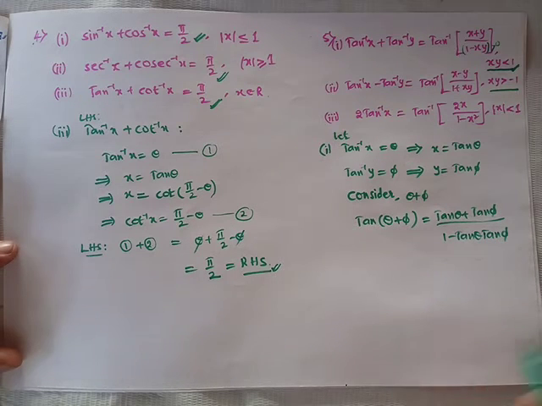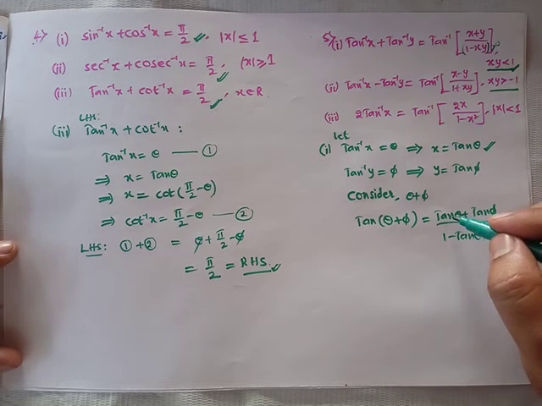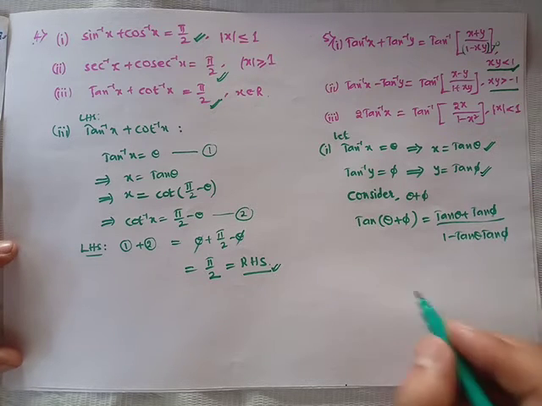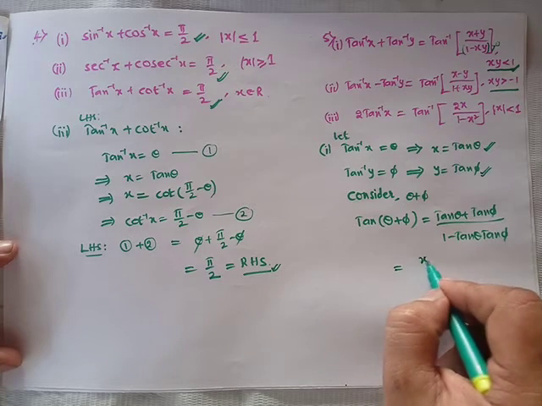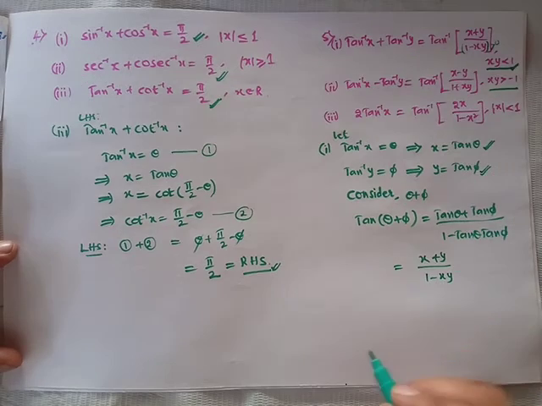Then as we have already seen, tan theta is equal to x, so replace this tan theta with x. Tan phi is equal to y, replace this tan phi with y. Then what you will get? First term is x plus y by 1 minus xy.